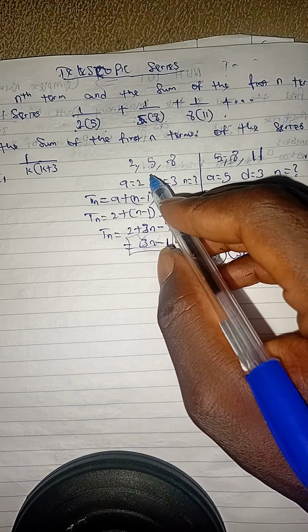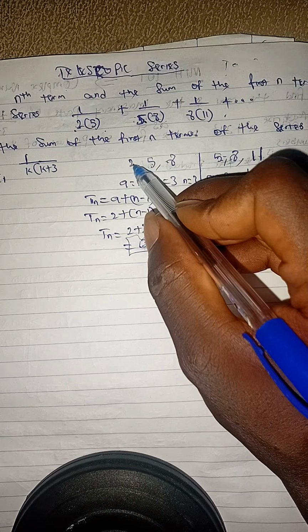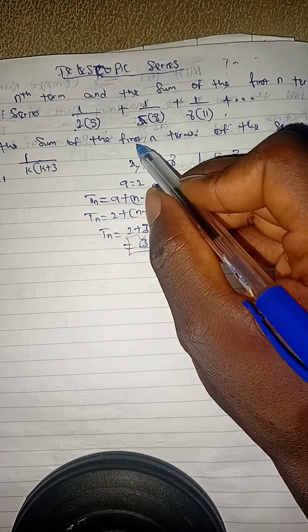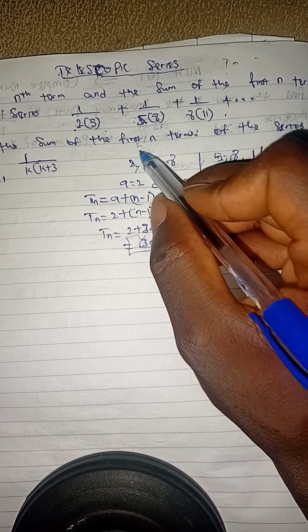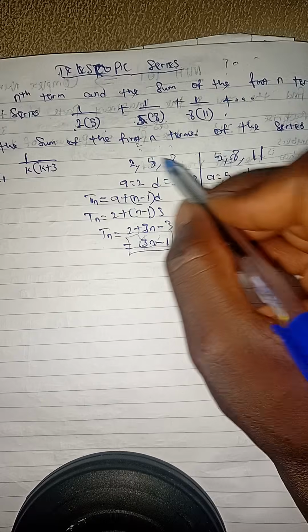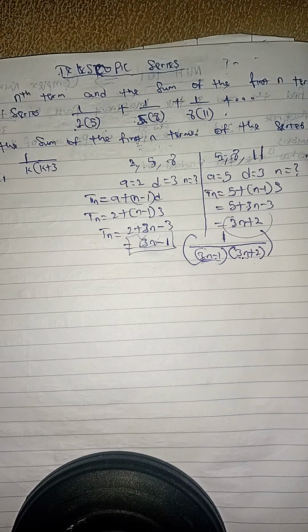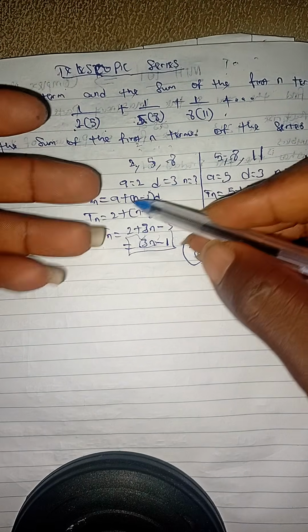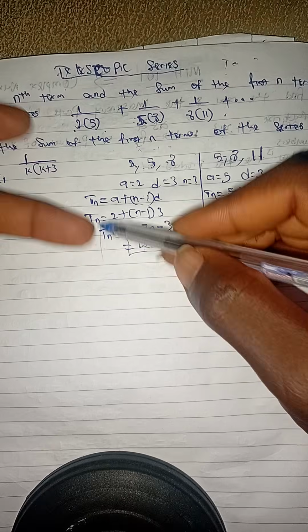But here I did not break anything down. This is just each term given in the original question. I did not say 2, then to get 5, 2 plus 3, to get 8, 2 plus 3 plus 3. If I did that, then I would be using Sn. But this is just like the normal original question, so my nth term is still my normal AP formula.